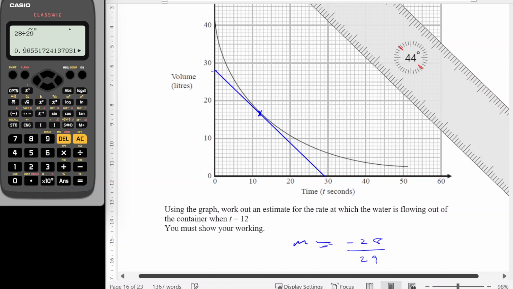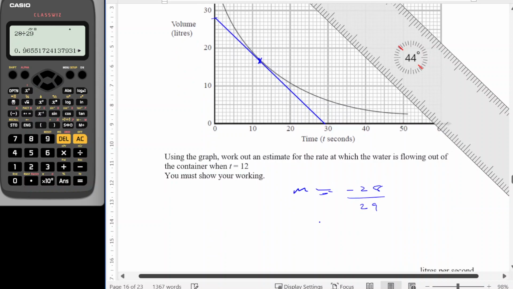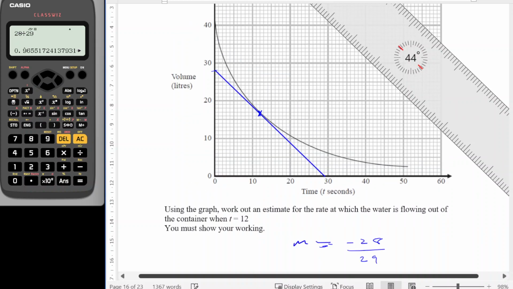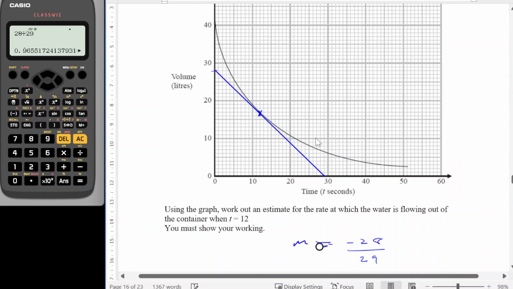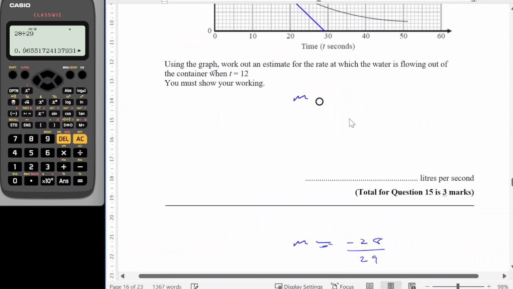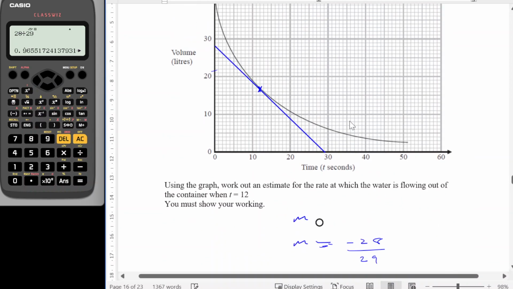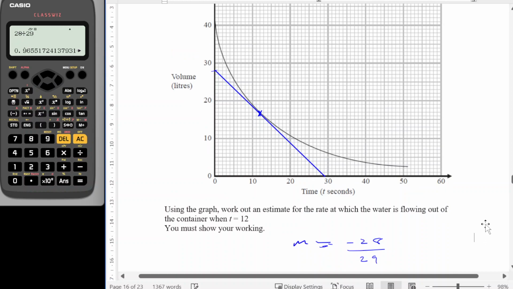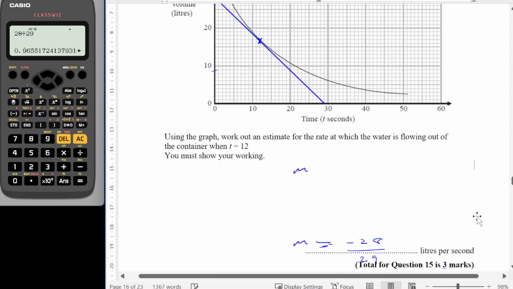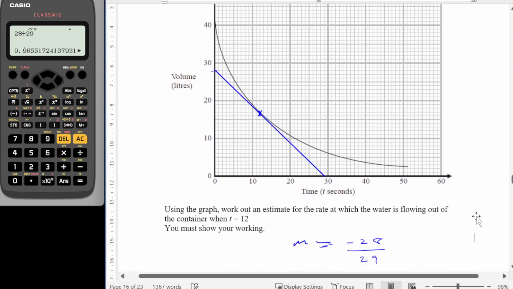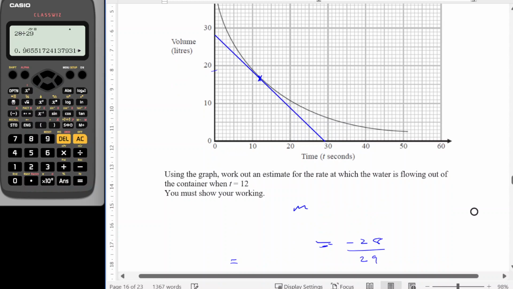I don't think I can write very well with my rulers on the screen. Right.